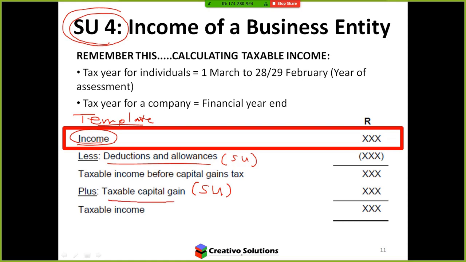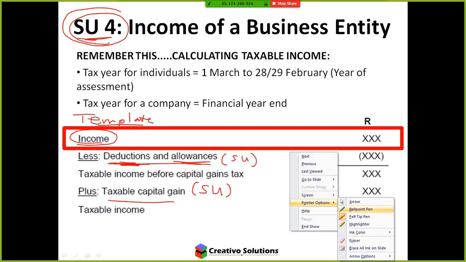So each study unit that you cover focuses on a separate, different line. Deductions are covered in one unit and then allowances are covered in another unit. They're slightly different and we'll discuss what they are later on. So that's the focus. If you can understand where this fits in, where does this fit in? On that line, that red block.